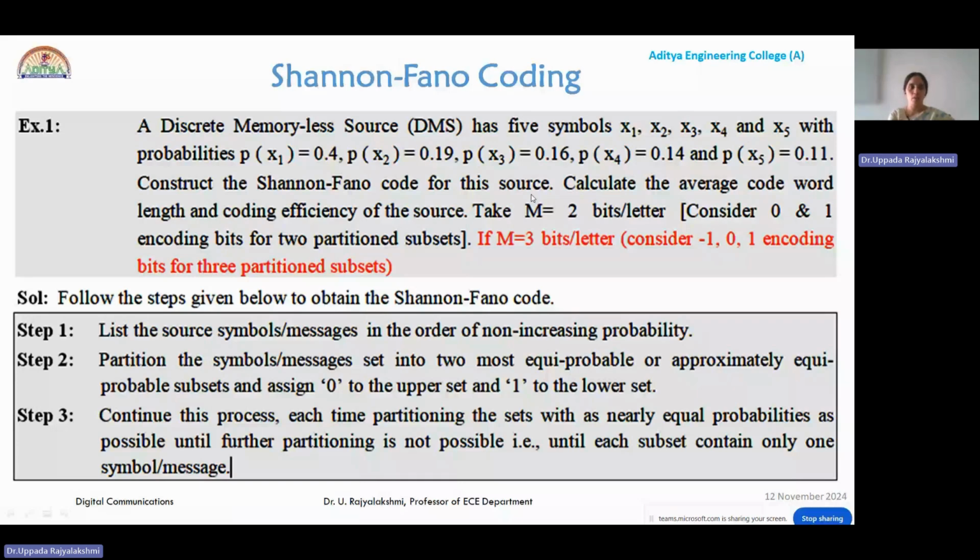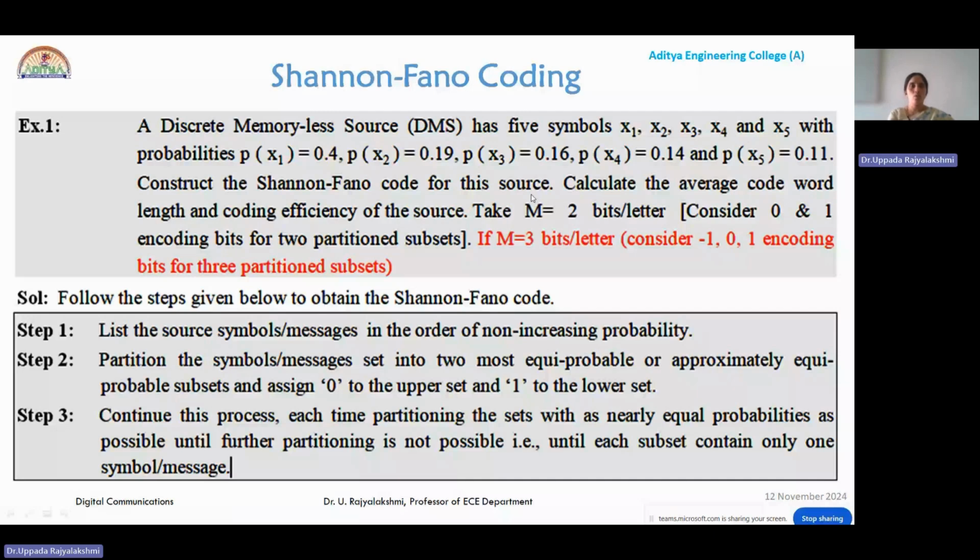In step 2, we partition the symbols or messages into 2 most equiprobable or approximately equiprobable subsets and assign 0 to the upper set and 1 to the lower set. In step 3, we continue this process, each time partitioning into equal or approximately equiprobable subsets. The partitioning will continue till each subset consists of only one message.